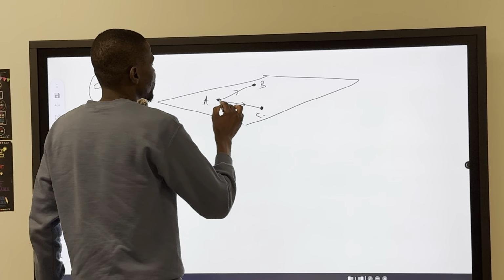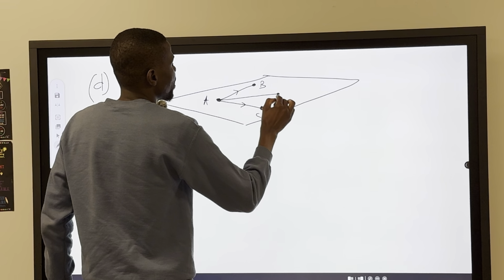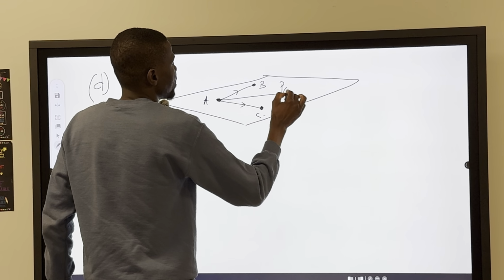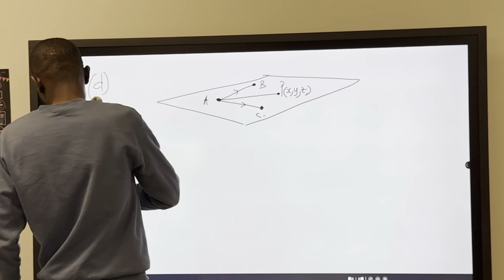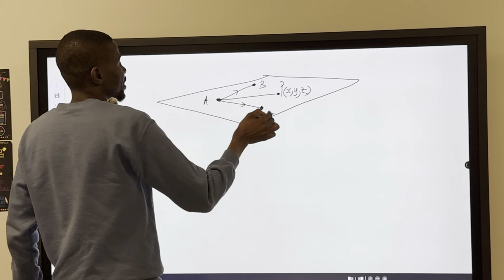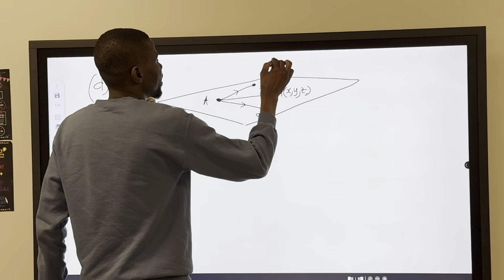Then from there we have our arbitrary point P, which has generic coordinates X, Y, and Z. Once we find these two vectors, we now need to find the normal.